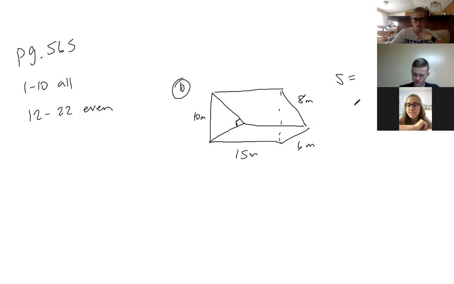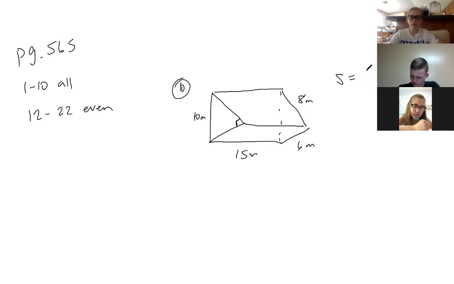So I know that the surface area of my prism, well, actually, first off, what is this? Is this a cylinder or a prism? Prism? What kind of prism? A triangular prism? My triangles are my bases, so this is a triangular prism. All right.